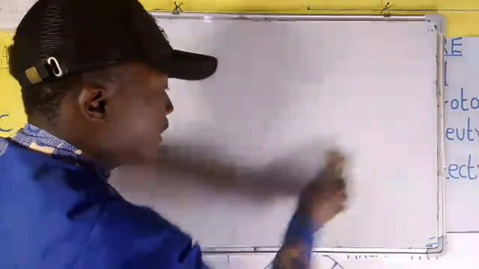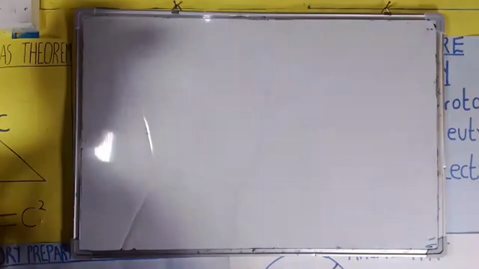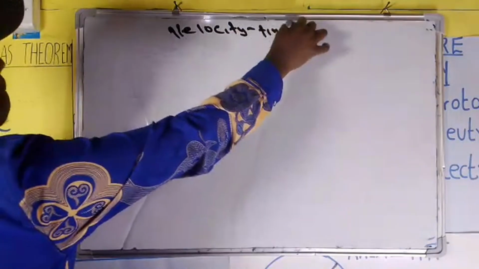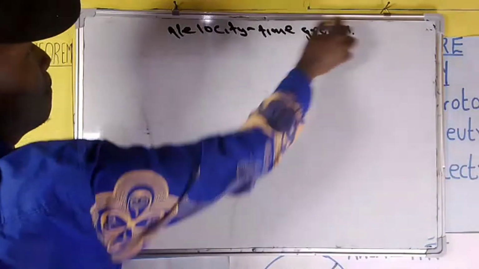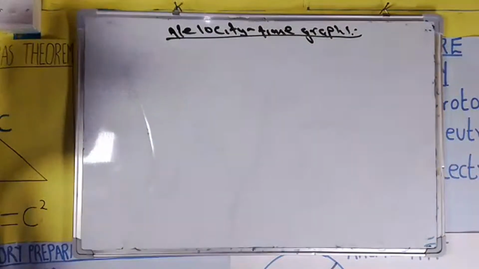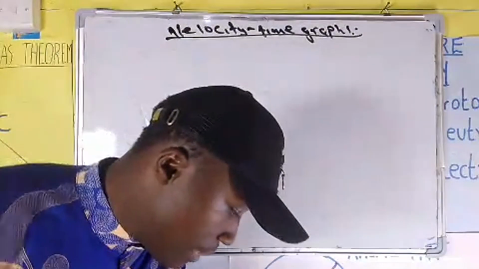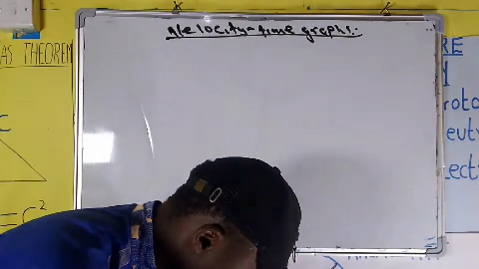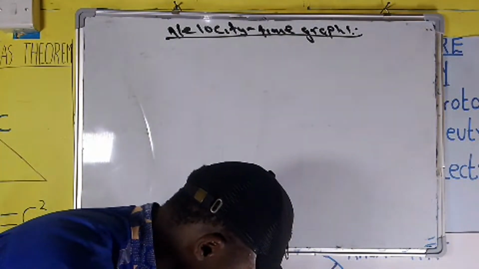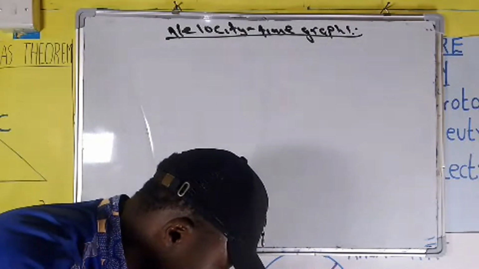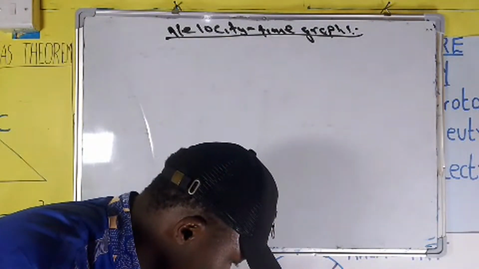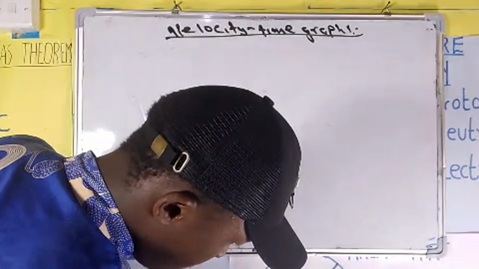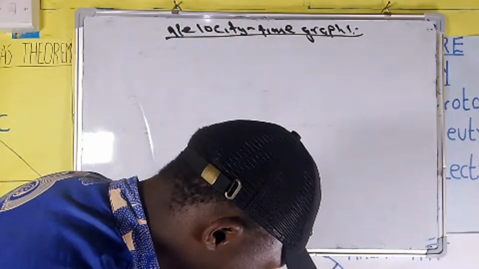So there's an examinable question I want us to do on velocity time graphs. There is a very examinable area that I want us to handle at this particular juncture. The question reads, the figure below represents a speed time graph for a cheetah.